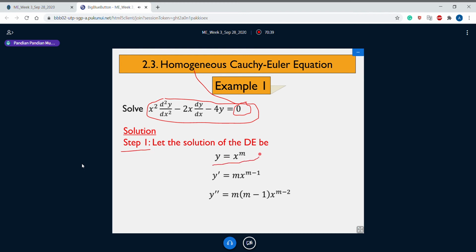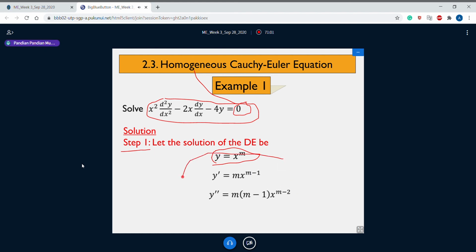So step 1, you start with y equals x^m. Then y' is m x^(m-1). Then y'' is m(m-1) x^(m-2), using the power rule.